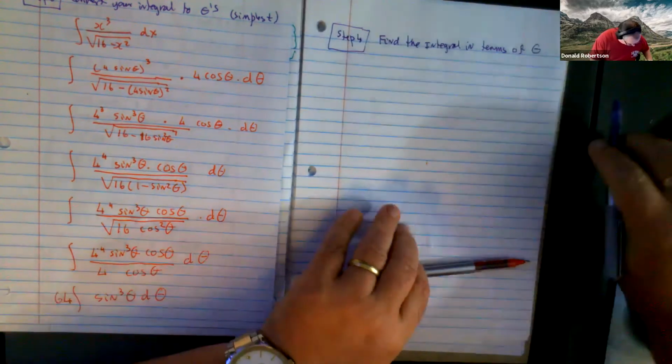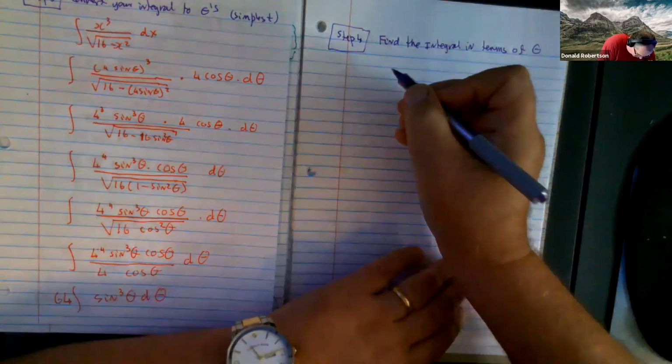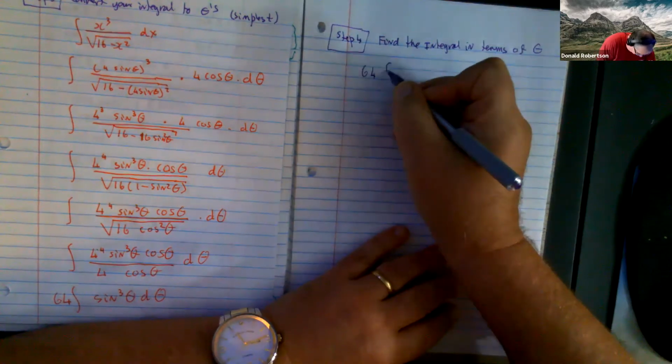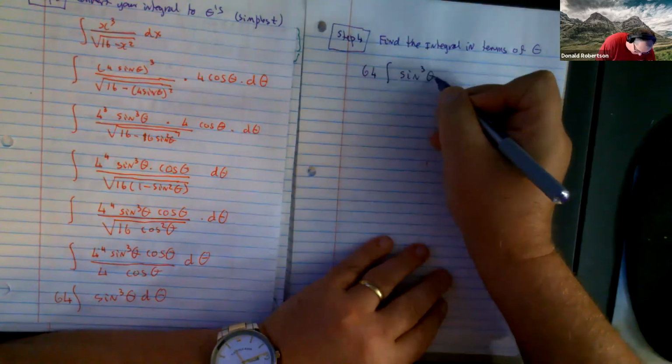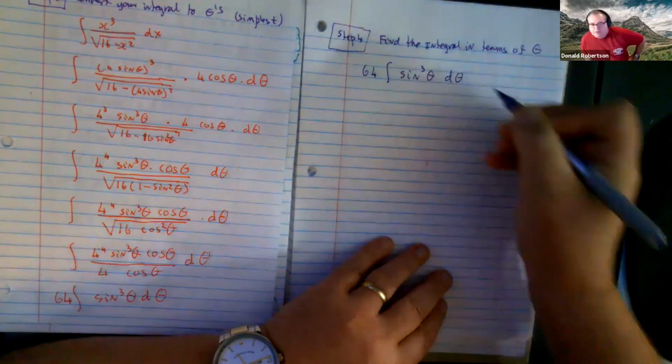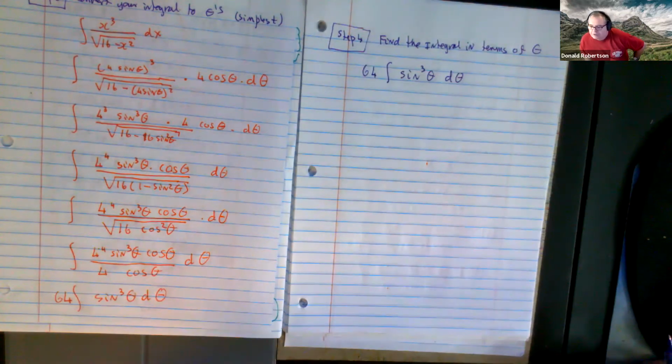And let's see what we've got. We're trying to find 64 times the integral of sine cubed theta d theta. And this is basically what we did on Monday and Tuesday. And there are lots of different techniques depending on the question. And this one is a sine cubed.